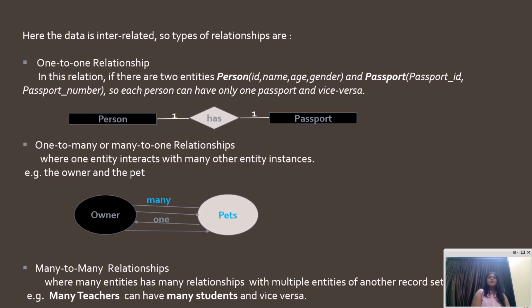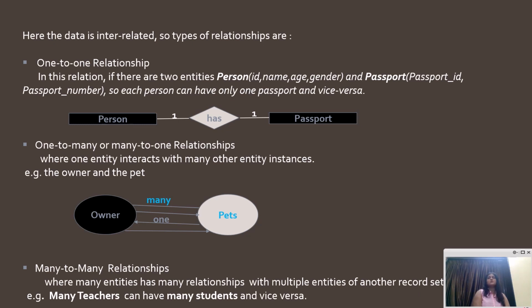As we have seen, a one-to-one relationship. So what is a one-to-one relationship? If there are two entities, person and passport, a person is associated with one passport and a passport is associated with one person. A person has ID, name, age and gender, and the passport has passport ID and passport number.